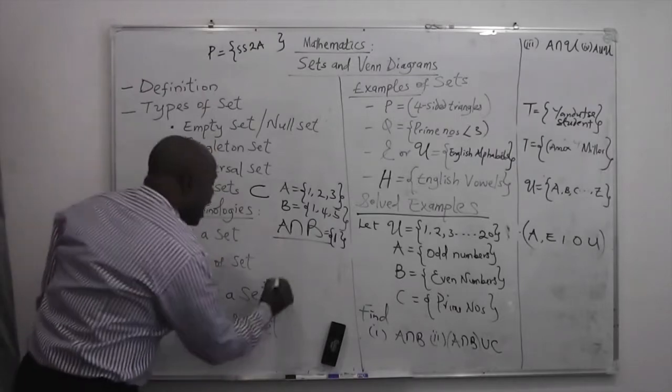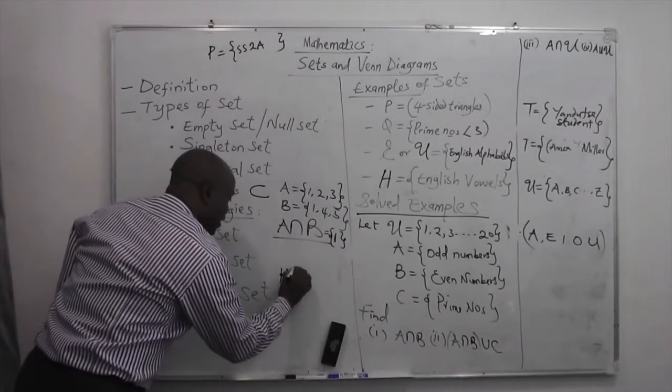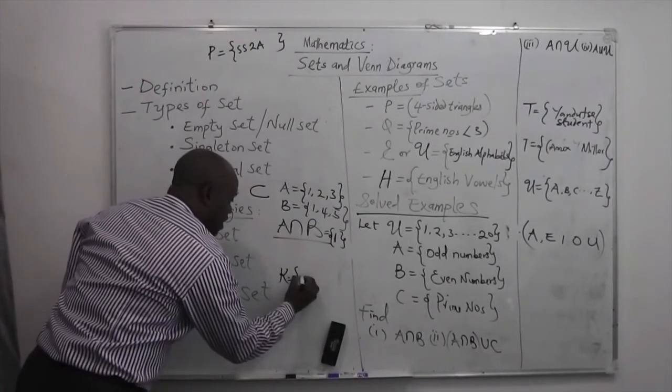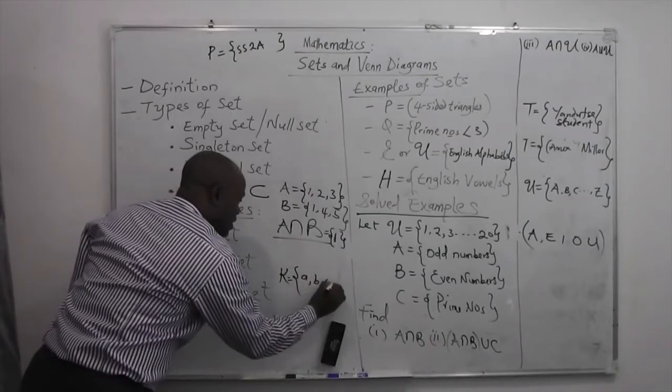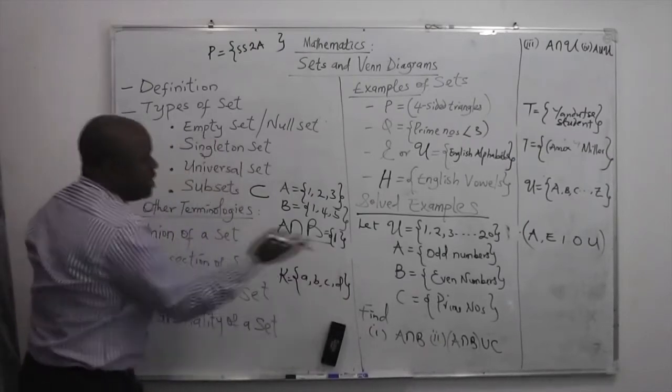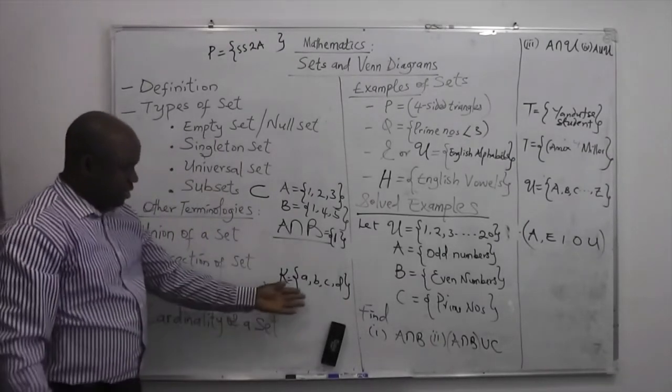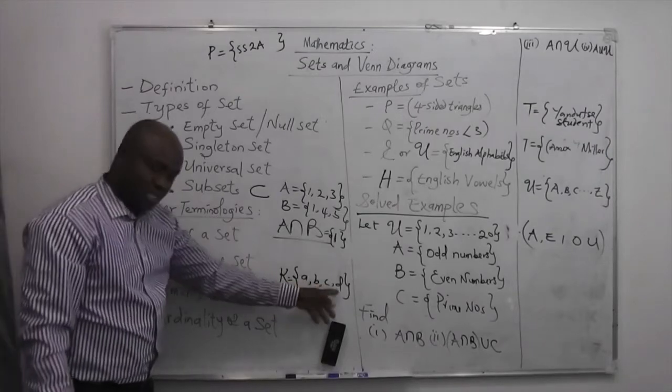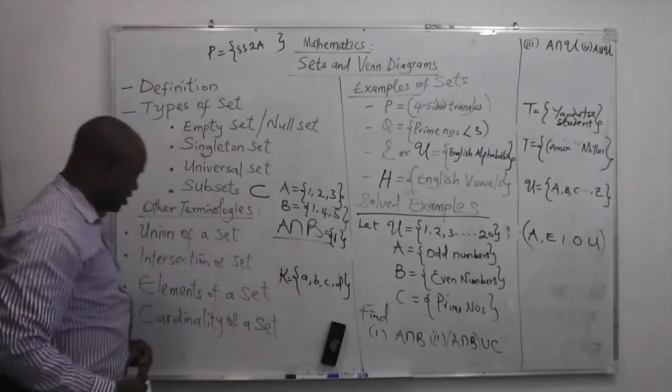Again, let's say I have a set K equal to A, B, C, D. The elements of this set K are nothing but A, B, C, D, the entries inside that set.